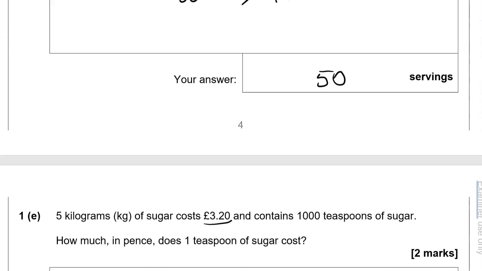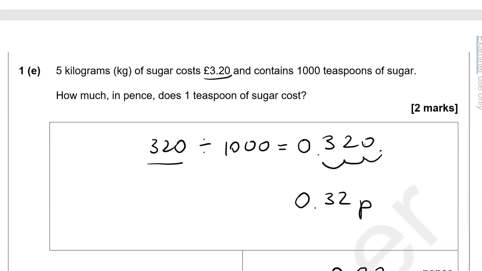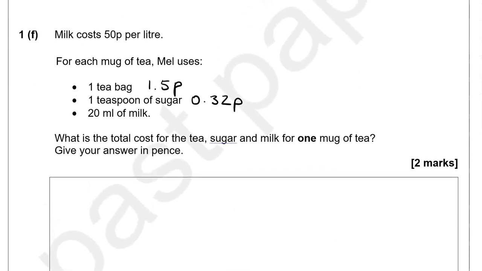In 1 liter, we said 50 of them fitted in. So if she pays 50p per liter, then we're dividing 50 by 50, which gives us 1. So the cost of 20 milliliters of milk is just 1 pence.